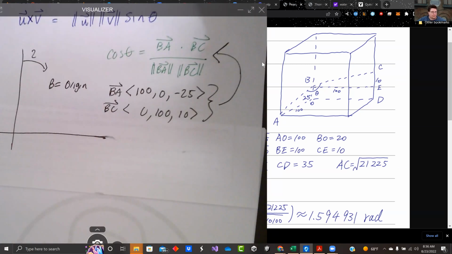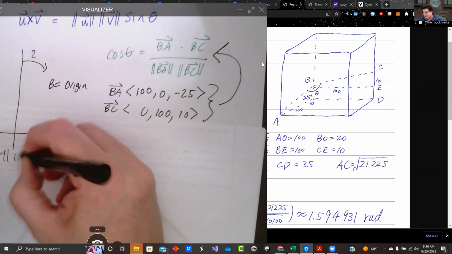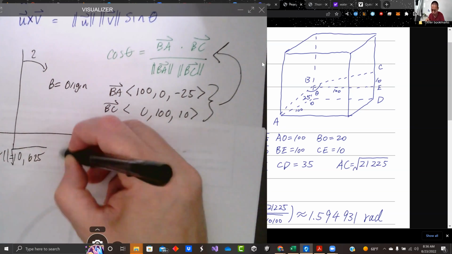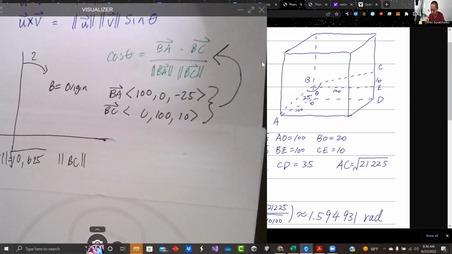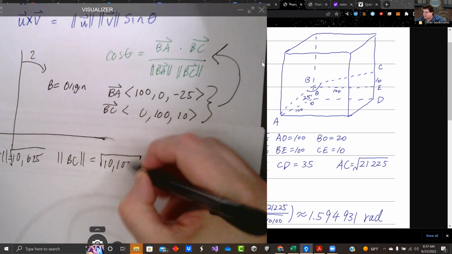Let's see, what's the magnitude of BA? We've got the magnitude of BA as 100 squared plus 25 squared, and I'm going to leave it as the square root of 10,625. The magnitude of BC is the square root of 10,100.